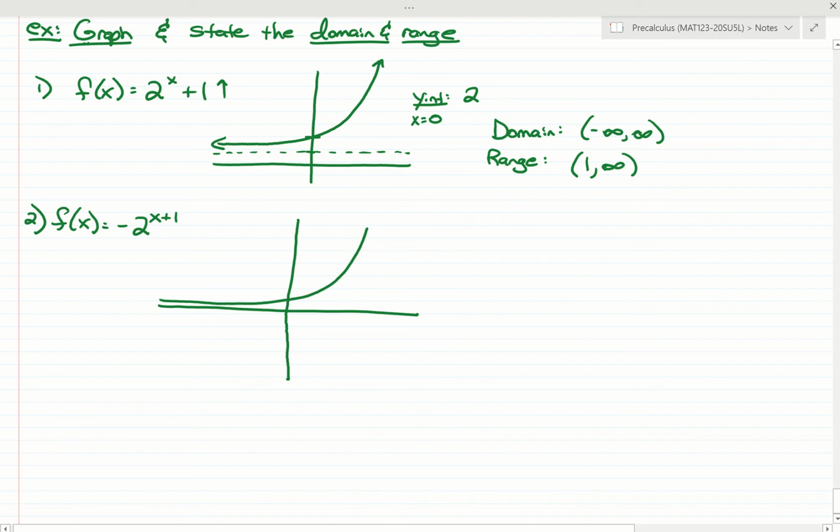Now the plus 1, whenever we're trying to figure out what order everything happens in, we follow order of operations. So with order of operations, we have PEMDAS. We always start from the inside and work our way out. So the first thing that happens, if I told you x was 1, the first thing you would do is you would add 1, right? So we're going to move this graph to the left 1.